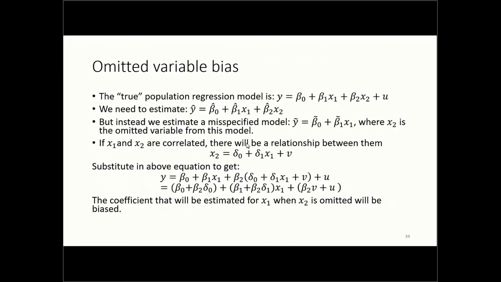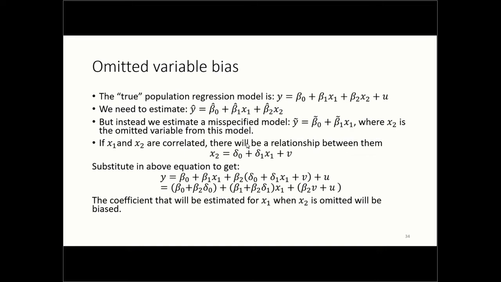Now let's talk about omitted variable bias. An omitted variable is a variable that is omitted from the model, which means it's not part of the model. If we have an omitted variable like that, that would lead to biased coefficients. Let me show you how that's the case.